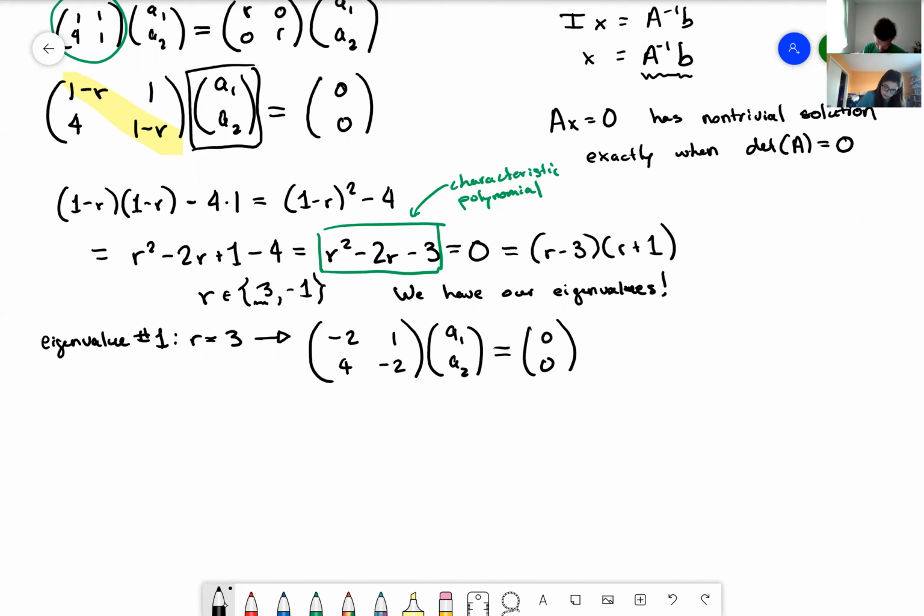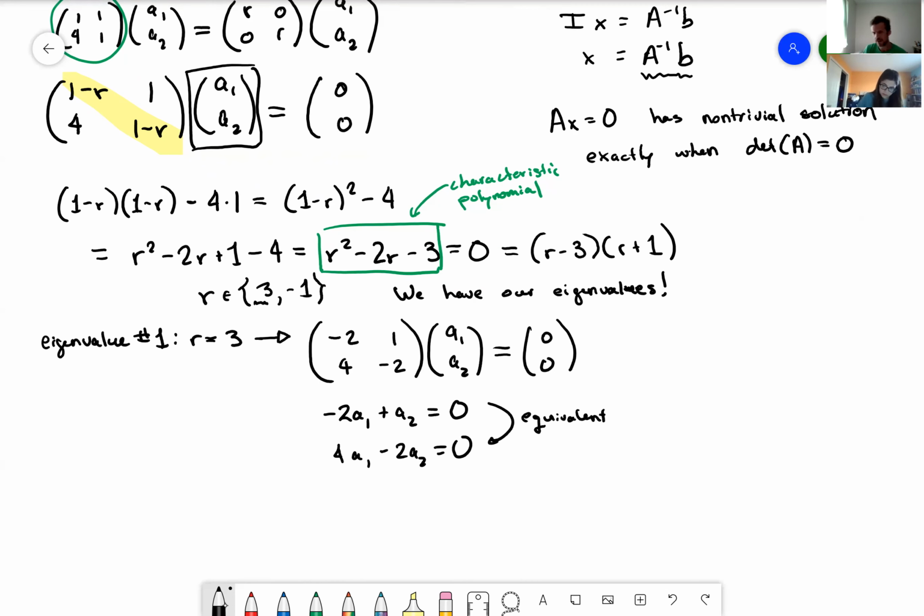We can multiply this out to get a system of equations. Negative 2a1 plus a2 is equal to 0, and 4a1 minus 2a2 is equal to 0. And you'll see that these two equations are equivalent, right? You can get the second one just by multiplying the first one by negative 2.